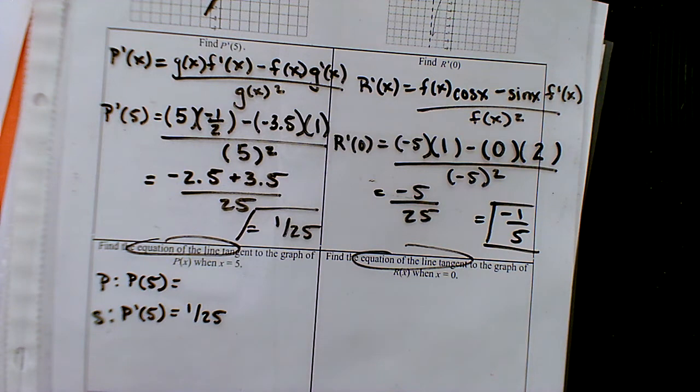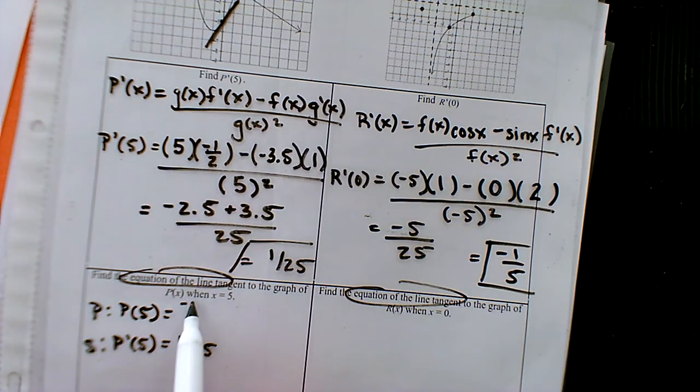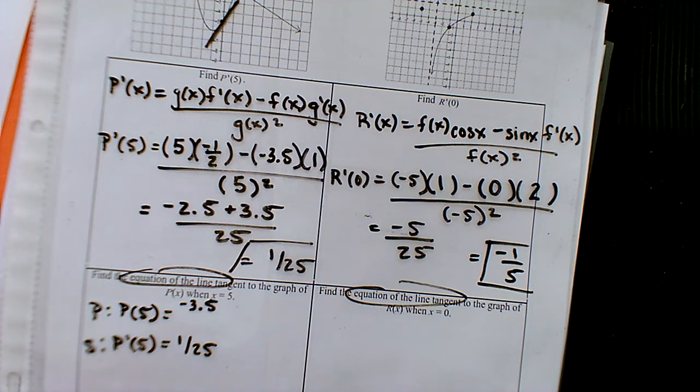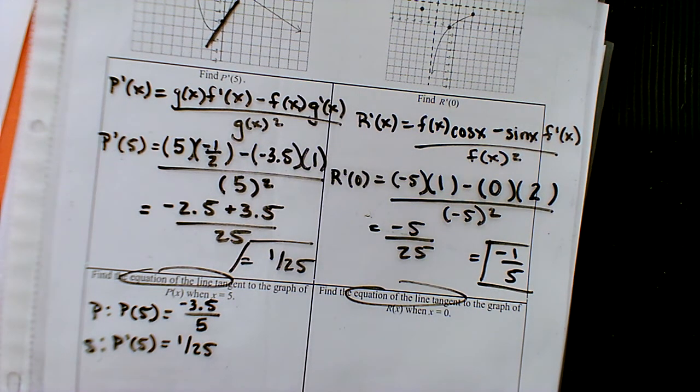So let's see if we can figure out our point. The P function was the F graph divided by the G graph. So if you were to plug in 5 into both graphs, and then take the F answer divided by the G answer, what would we get? If you plugged in 5 into the F graph, we got negative 3.5. And if you plug in 5 into the G graph, we got 5. Can we figure out what negative 3.5 divided by 5 is?